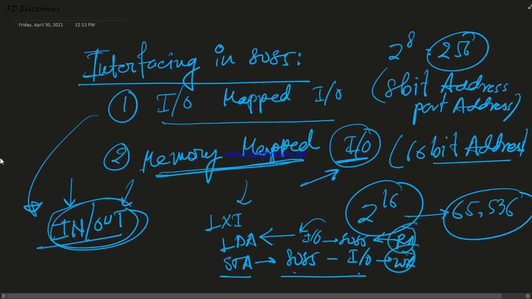So this is the first topic, IO mapped IO technique and memory mapped IO technique in the 8085 for port interfacing. That means all data are communicated between the 8085 and IO devices. For example, IO devices like a printer, keyboard, mouse, touchpad, any kind of IO devices.